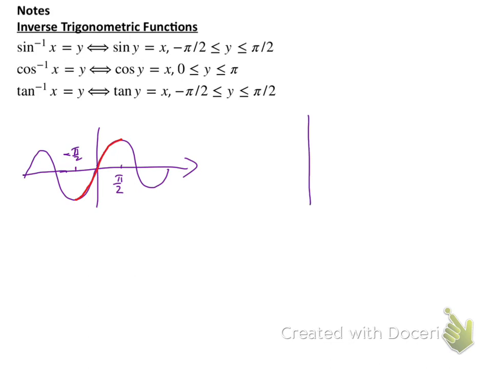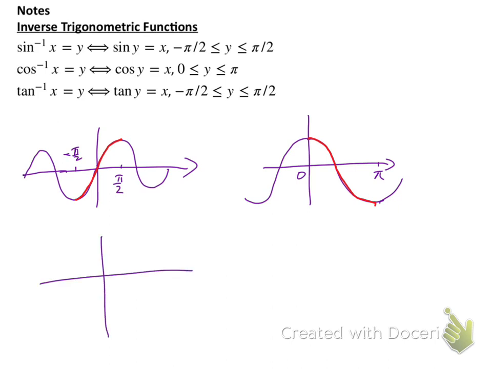Similarly, we do the same thing for cosine. So from 0 to pi. And for tangent, the choice is very natural.